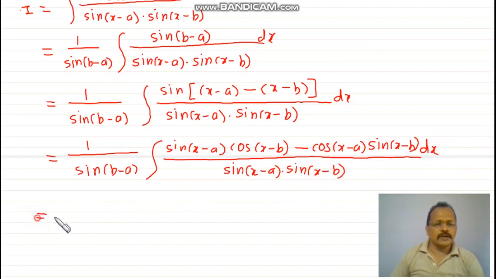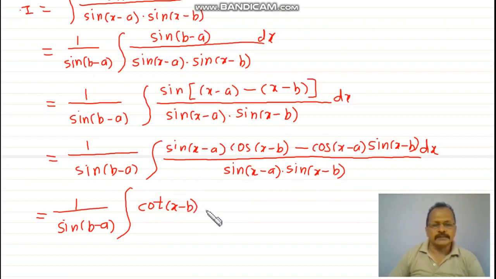This is equal to 1 upon sin(b minus a) integration of, now here sin(x minus a) cos(x minus b) divided by this denominator, sin(x minus a) will get cancelled, cos(x minus b) upon sin(x minus b) will be cot(x minus b), minus as it is.